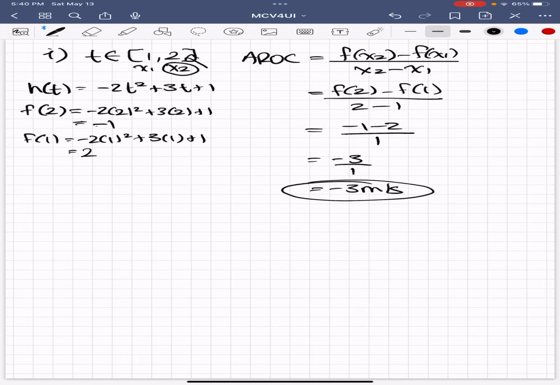There's our answer. Our average rate of change is -3 meters per second when t is between 1 and 2.